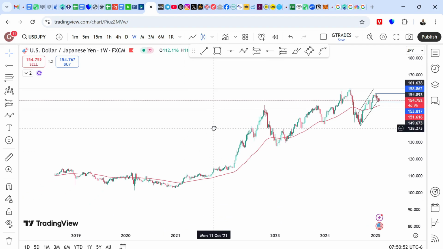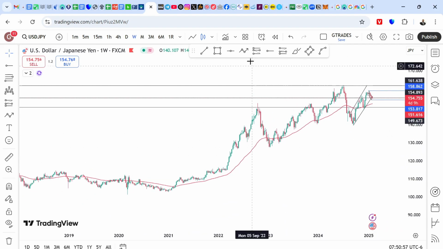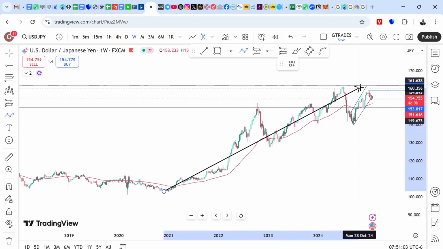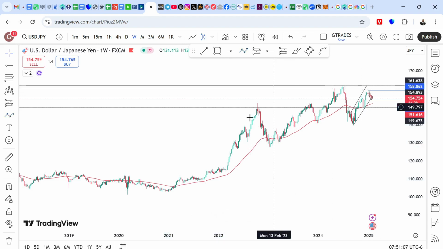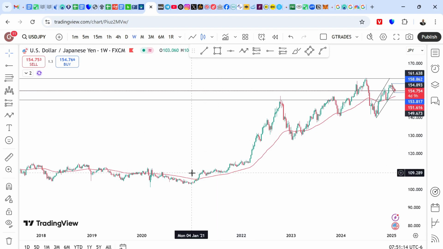If you look at the weekly market, I'm sure you could see that the market has been in a bullish trend, right? You can imagine you buying from here. Let's say you enter for a buy from here and you are still holding up to this level. You can see how much you could have made. And this price here is about January 4th 2021.